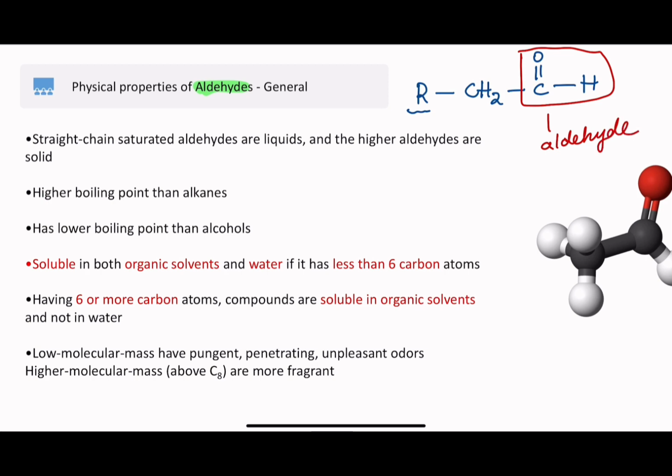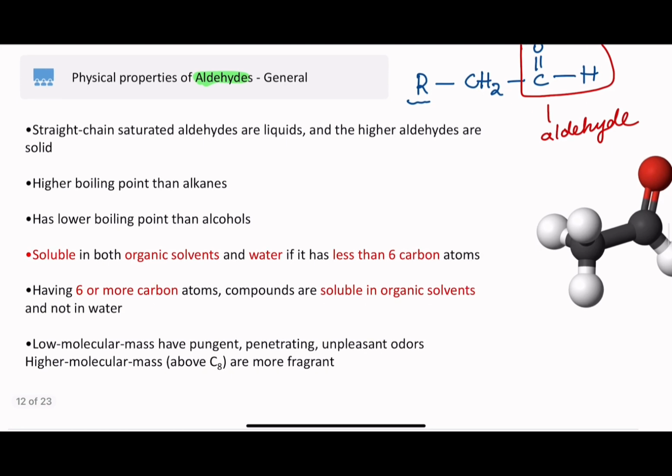We have it in the Introduction to Organic Chemistry PowerPoint. And when you have R with CO and then R, this functional group is ketone. Okay, this is aldehyde, this is ketone.